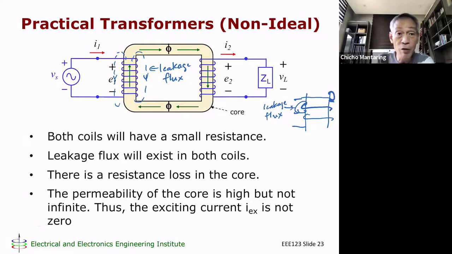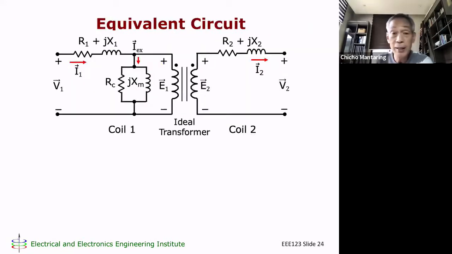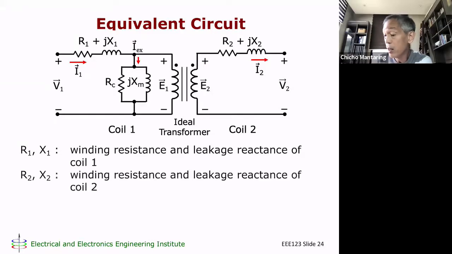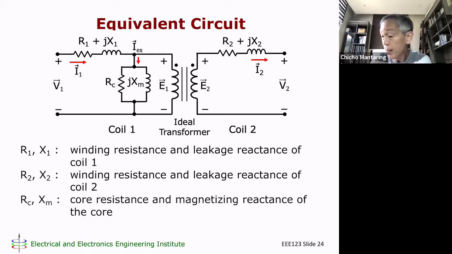So these are the four characteristics that we have to take into account in a practical transformer. And this is how we model the practical transformer. R1 and X1 are the winding resistance and the leakage reactance of coil 1. R2 and X2 are the winding resistance and the leakage reactance of coil 2. And then this R sub C represents the core resistance. This is what I was talking about earlier, the inclination of the core to resist the flow of eddy currents.